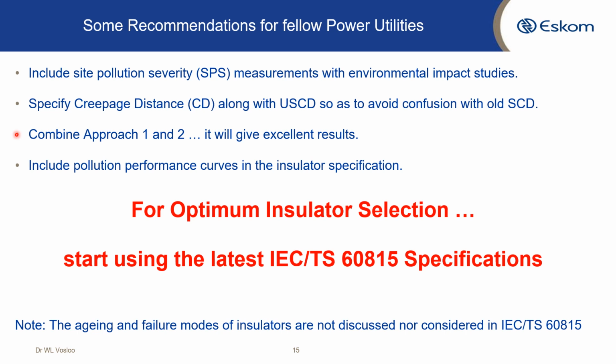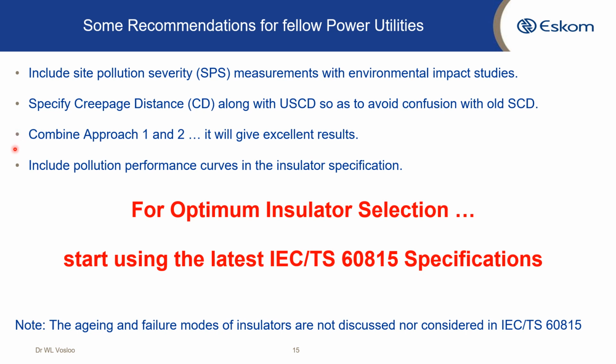Now, further, from our experience, we actually have our outdoor test station kits where we do both the aging and pollution performance, and where we also can get our data from. And then at the same time, having laboratories available where tests can be done. By combining approach 1 and 2, it will definitely give excellent results, especially when you're sitting in a situation where you would like to have an optimum selection.